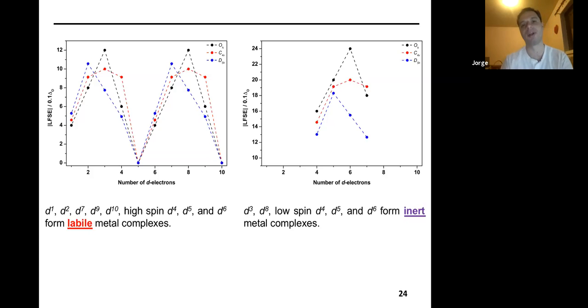And remember, if the energy of any of the 2 possible intermediates is higher than the ligand field stabilization energy of the octahedral complex, the metal complex will be labile.